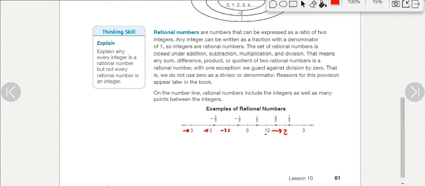Between those integers, we've got like -1/2. -5/3 technically is close to -2, about 3/4 of the way between -1 and -2. It's not super obvious when you look at it. We'll talk about how to make that easier to whittle down to something in lowest terms. 7/3 comes between 2 and 3. These are the numbers that come between the integers or the whole numbers.